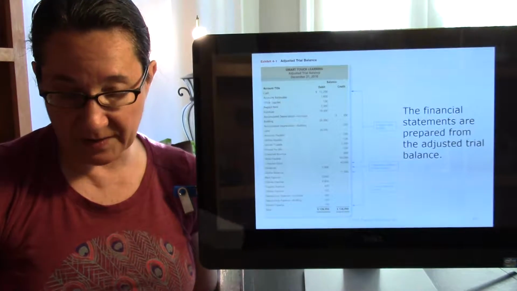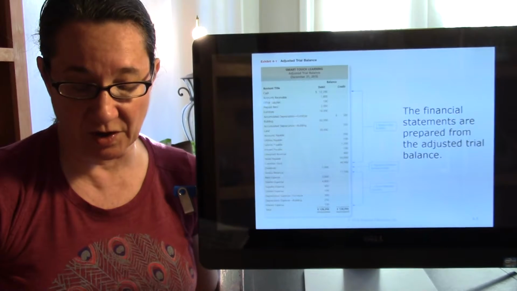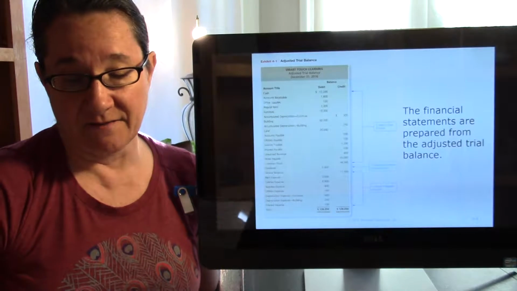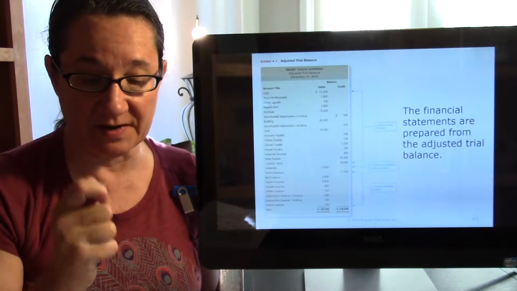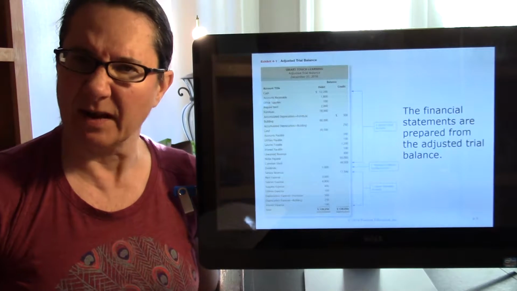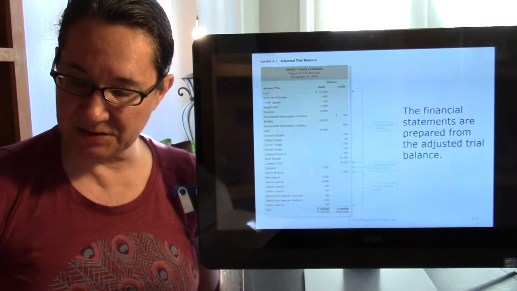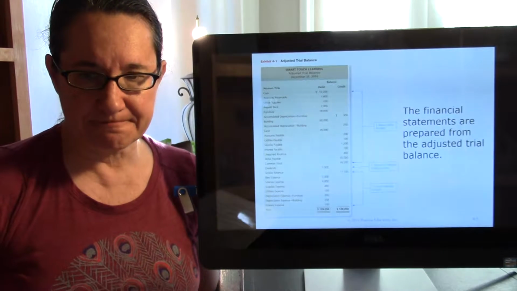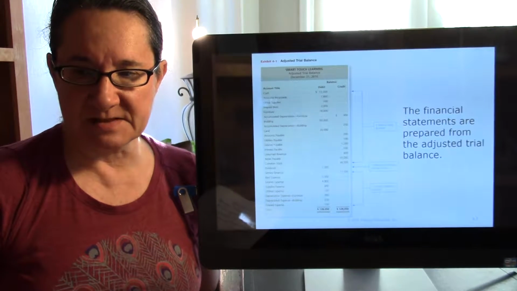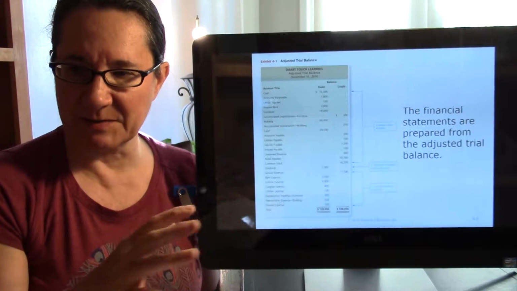Each account on the adjusted trial balance will be used on only one financial statement except retained earnings. I see that I've put this in kind of bold, big letters. So this is the main thing students do: they'll put, especially, some assets on the income statement. Like they'll put cash.